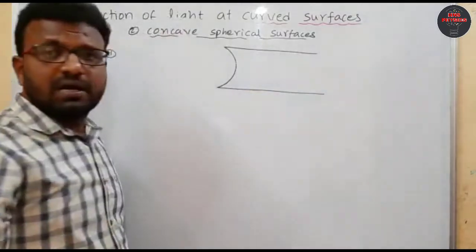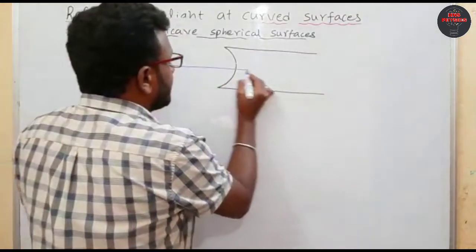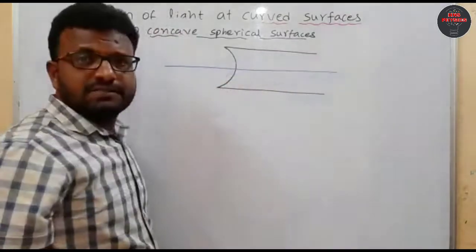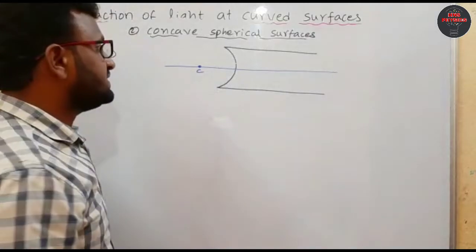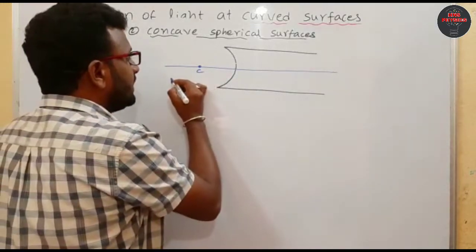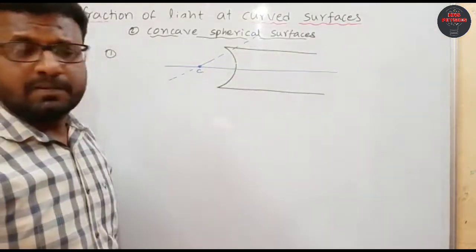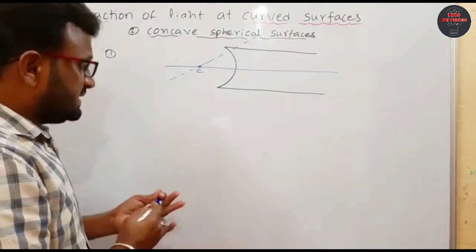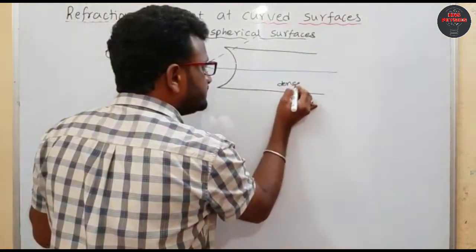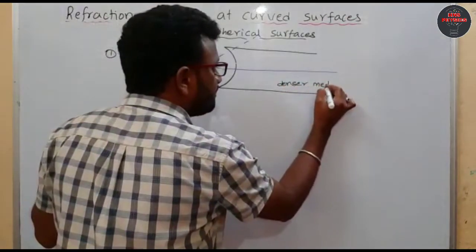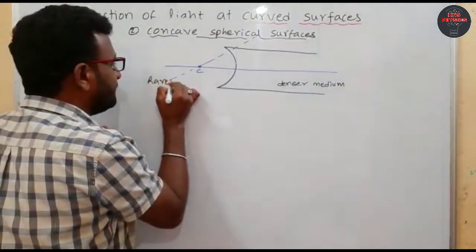So this is the concave spherical surface. This is the principal axis and this is the center of the spherical surface. Now here the normal line is passing through the center of curvature. Here this is the denser medium and this is the rarer medium.